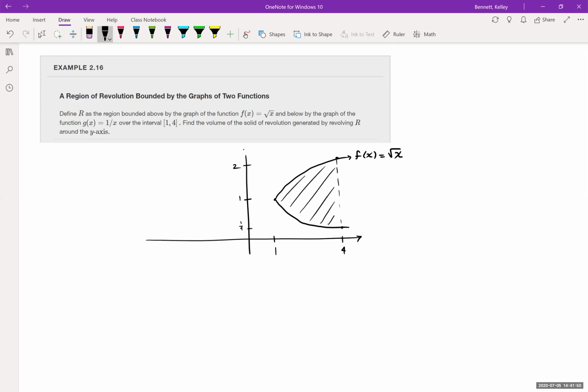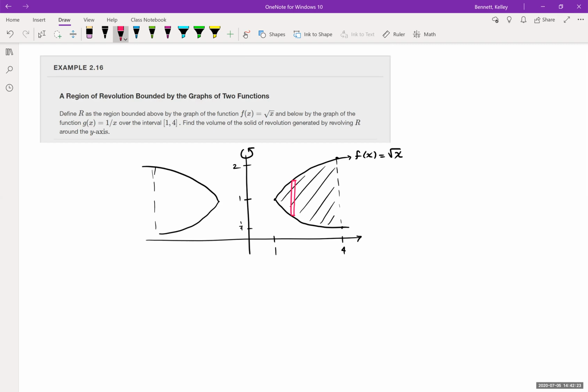And I'm going to rotate this around the y-axis. So again, we just kind of want to reflect this over. So it should be looking like this, and then maybe like this, and then like that. Okay. So I'm not going to draw the whole revolution this time. I'm just going to draw the cylinder itself. So to draw the cylinder, I just take a little slice out of my region, right? This little bar.